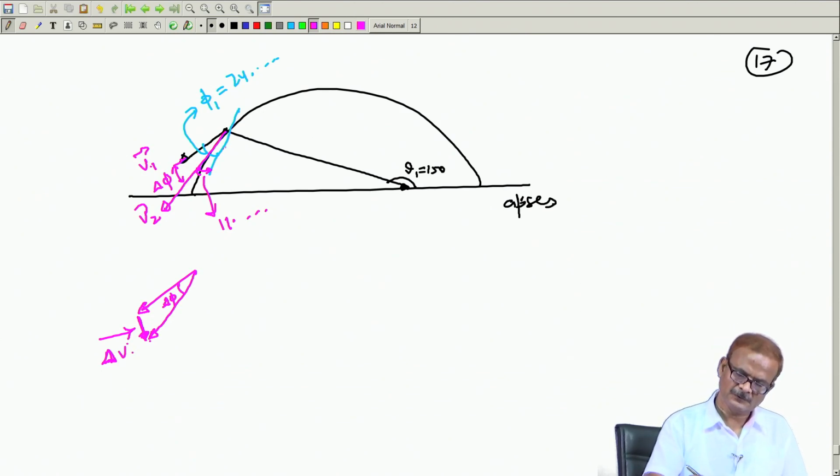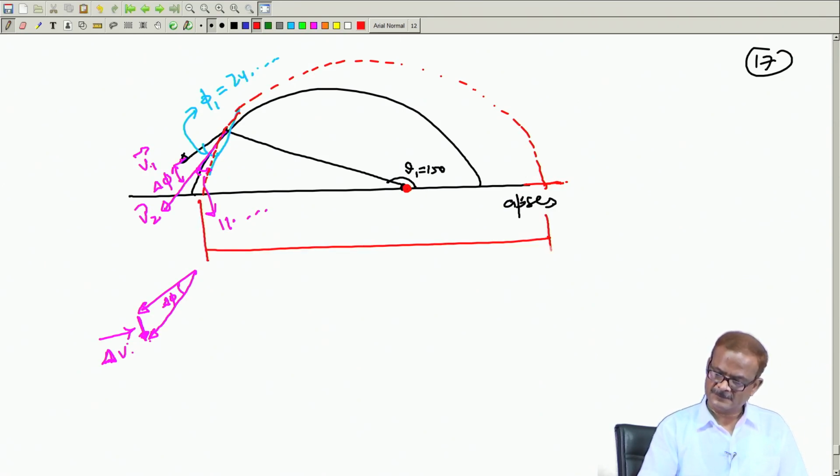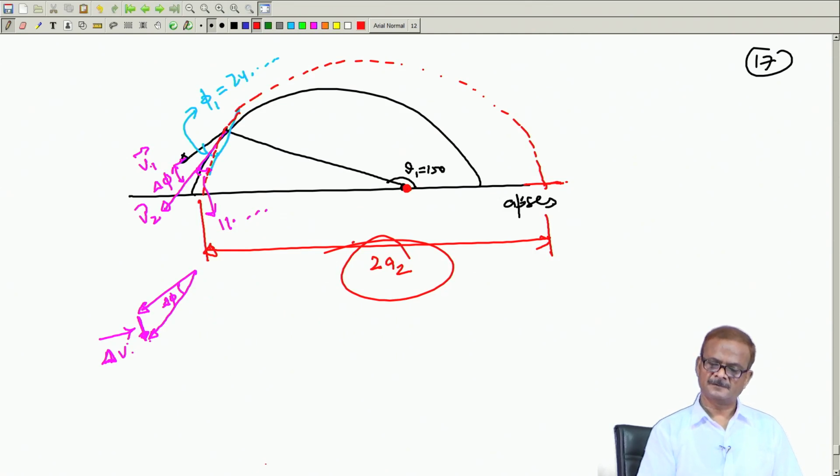So, with this new thing your orbit will change and the orbit will look like this. So, overall your A changes without change of the axis. So, the center of attraction remains the same, but the total distance from this place to this place becomes your 2 A 2 and half of this will be the semi major axis. Okay.